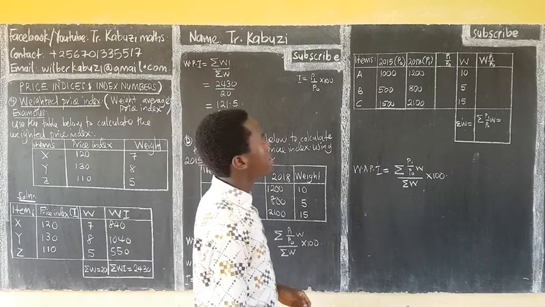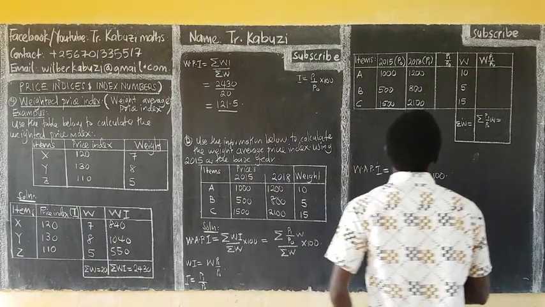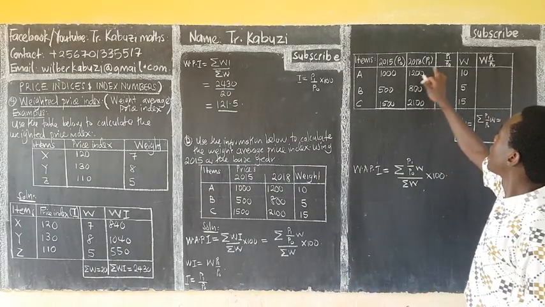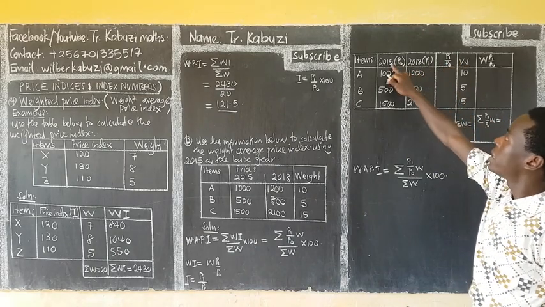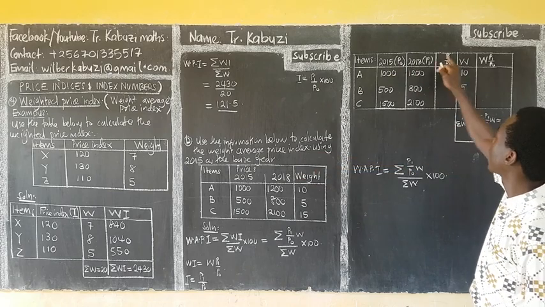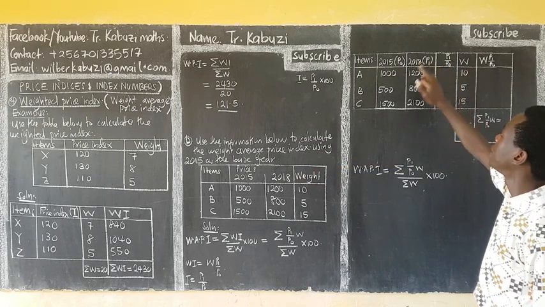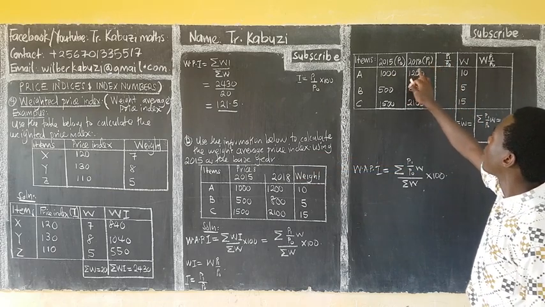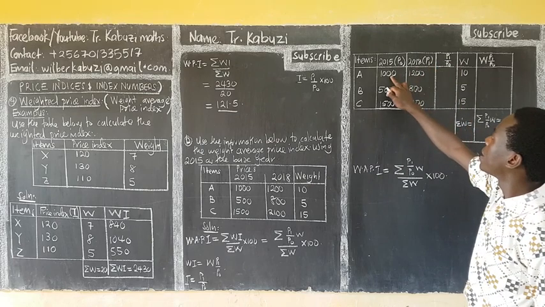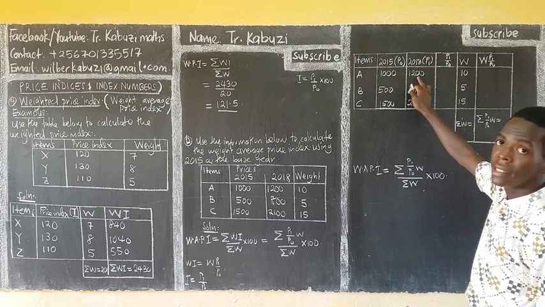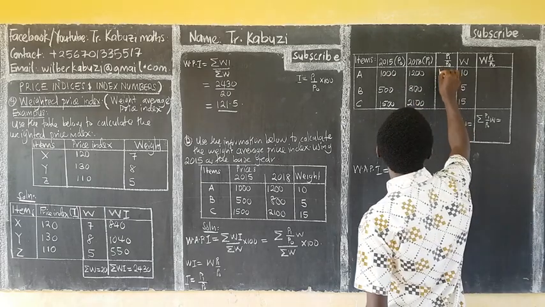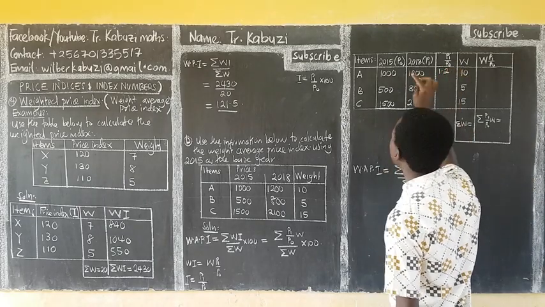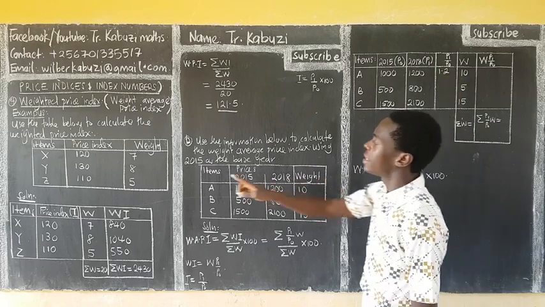So the idea is very easy. What we do is we get the P0. The base year is going to be 2015 according to the question, and the current year is going to be 2018. So you get this, and then this divides this. When I get this divided by this, I get 1.2. They are not percentages.